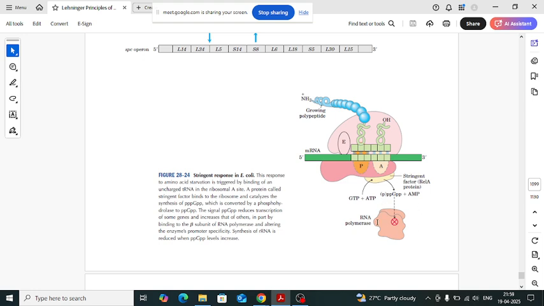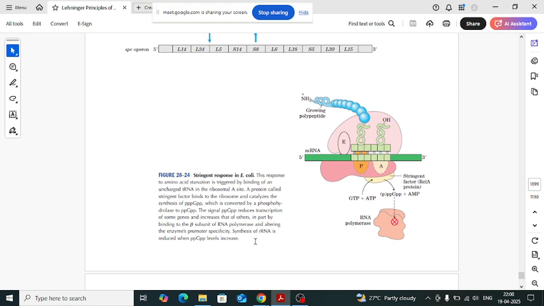By binding, it modulates the enzyme's specificity. Some promoters can be recognized and some cannot, so some genes are expressed and others are not. That is called altering the enzyme's promoter specificity.